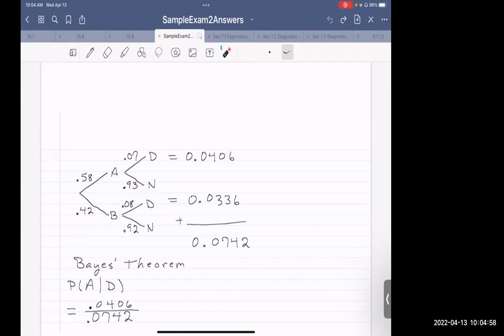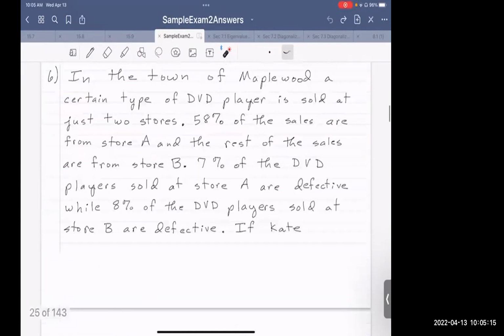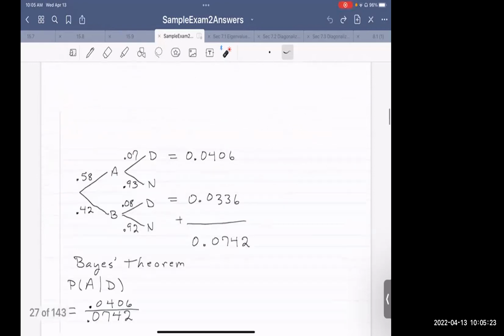Let D denote the fact that the DVD is defective, and N, the fact that the DVD is not defective. So we have that 7% of the DVDs from store A are defective, whereas 8% of the DVD players from store B are defective.